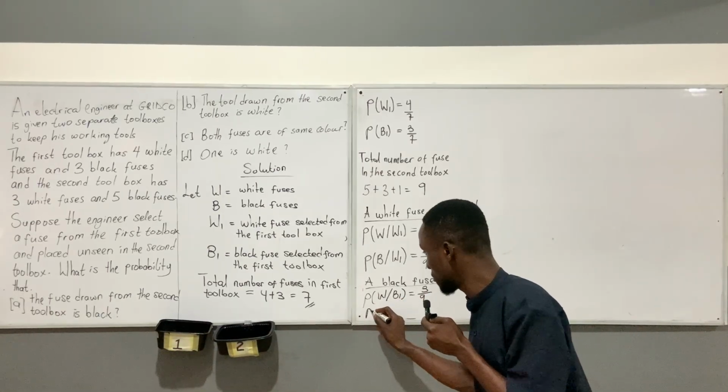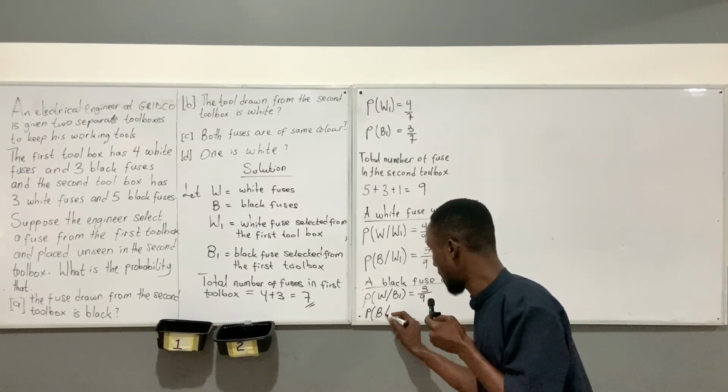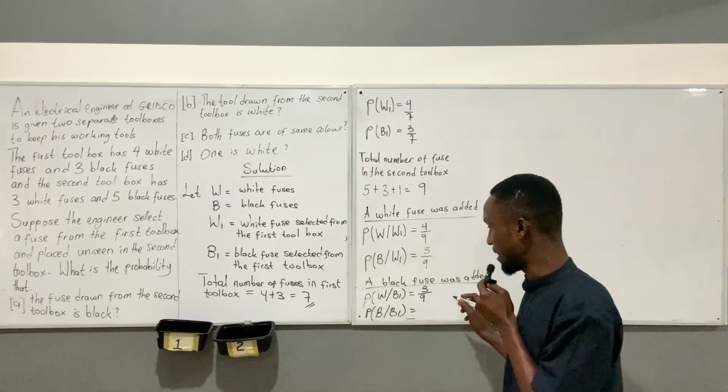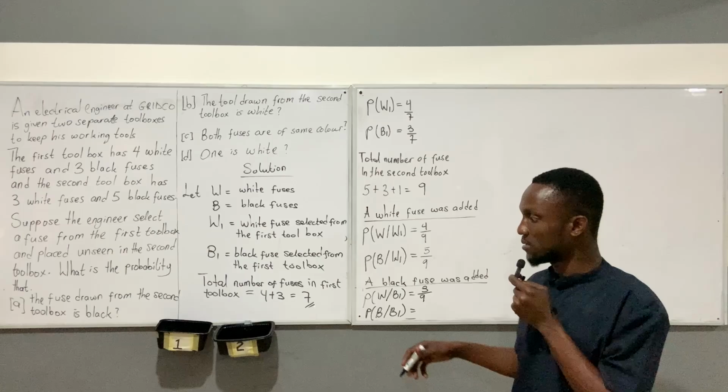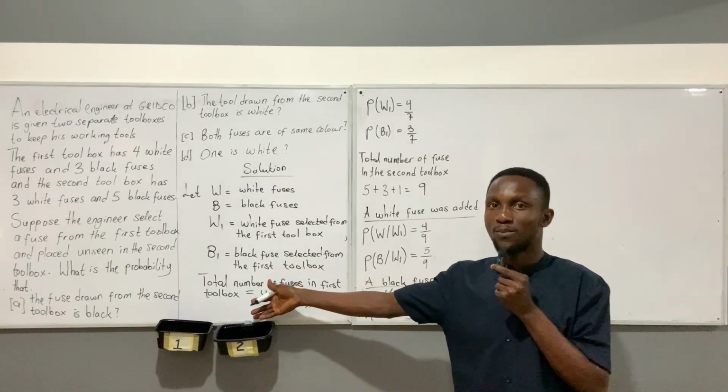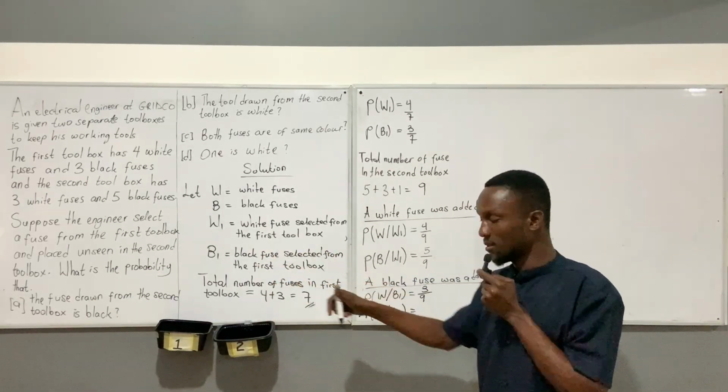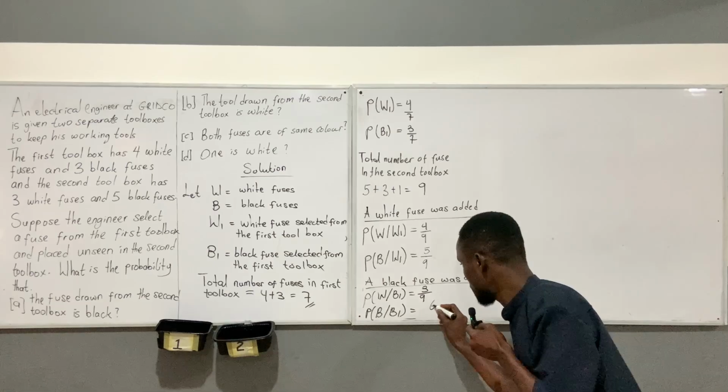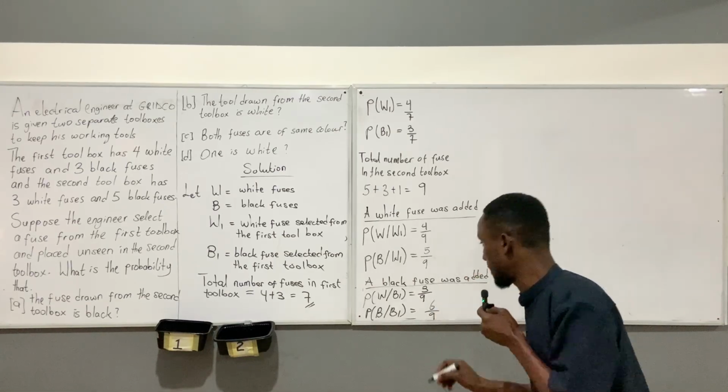Then the probability of black fuse, assuming a black fuse from the first box was added. If that is the case, we already had 5 blacks there and we added another black, giving us what? 6 over 9.